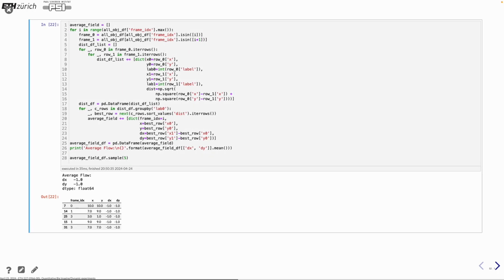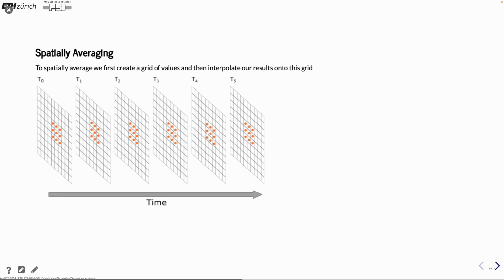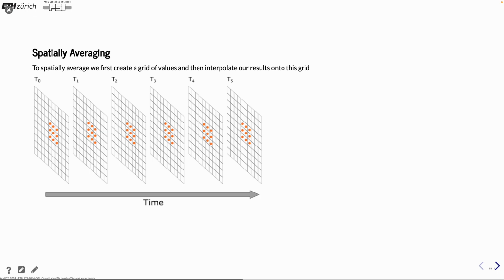We have some image where we produce this data frame and want to look at. When we do the spatial averaging, we just do averaging within each individual time frame. So it's nothing between the frames. It can be used for filtering, if you want to do denoising.